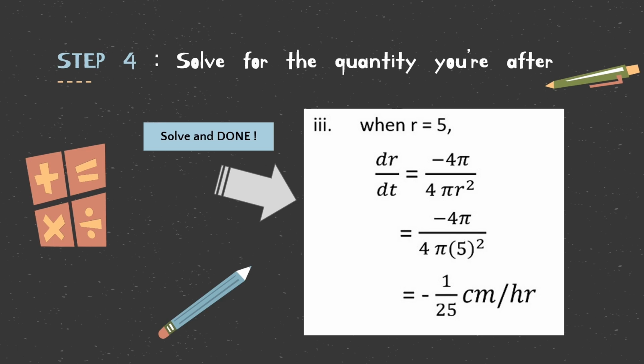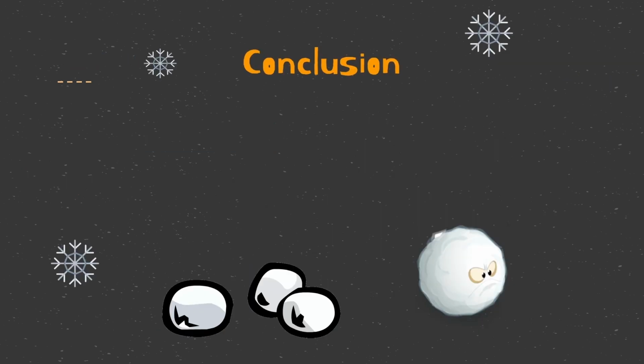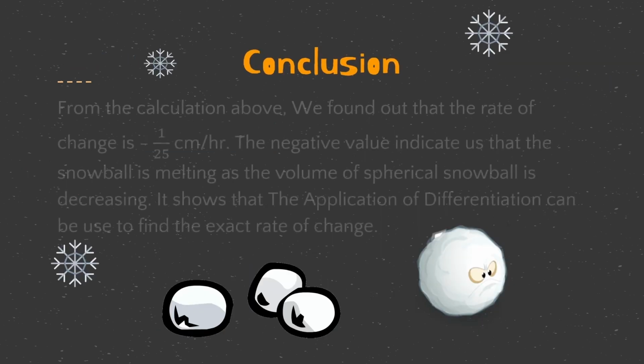And the final answer we will get is negative 1 over 25 centimeter per hour. So, this is the solution for the situation. Easy, right? Next is the conclusion.